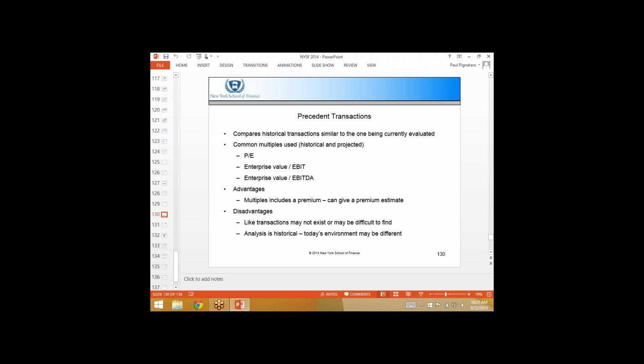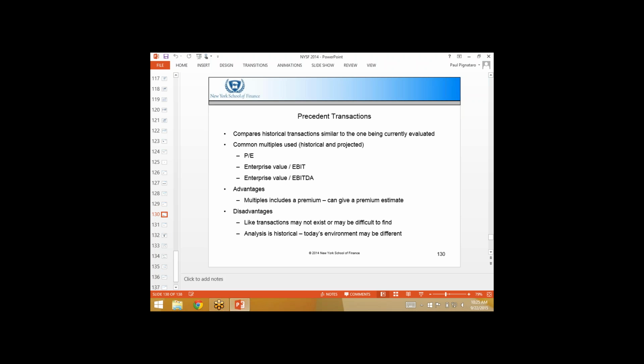Next, again, we're just recapping, is the precedent transaction analysis. This compares multiples, but not market multiples, purchase multiples. Similar formula, enterprise value to EBITDA, but it's not based on the current stock price. It's based on the price paid for a business.